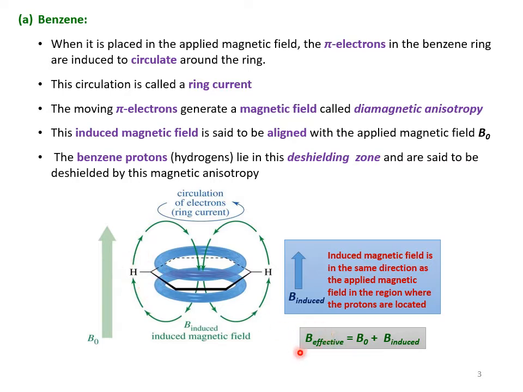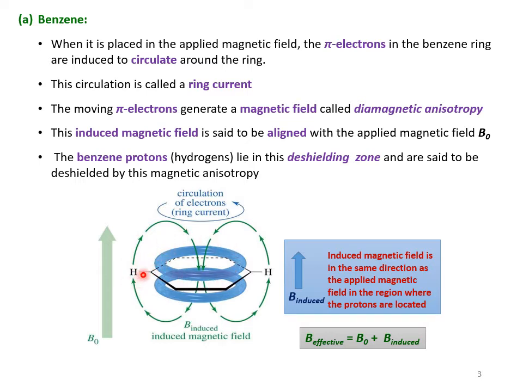So B effective, the total magnetic field experienced by the benzene proton, is given by B naught plus B induced, meaning it experiences two magnetic fields. One is the applied magnetic field, B naught, and the other is the induced magnetic field, B induced. Here you can easily see in this picture the direction of the magnetic field generated by this ring current.